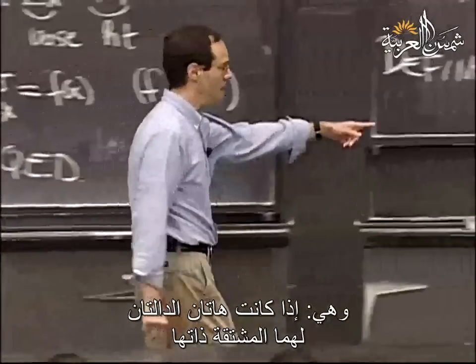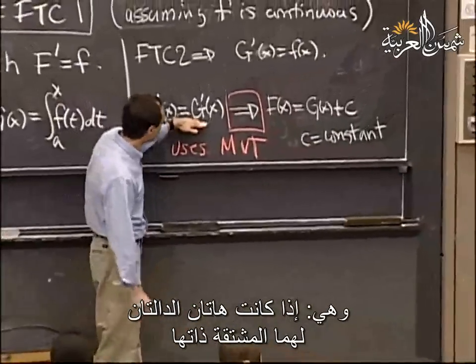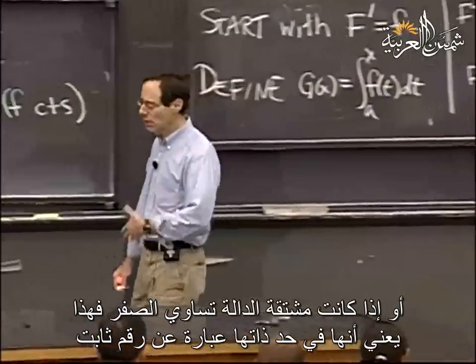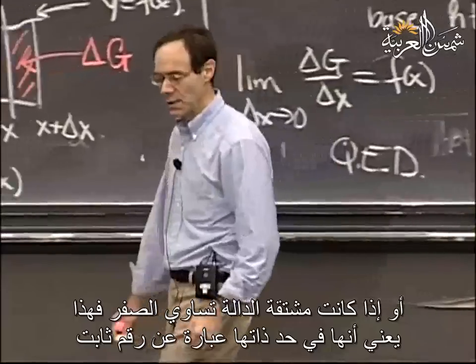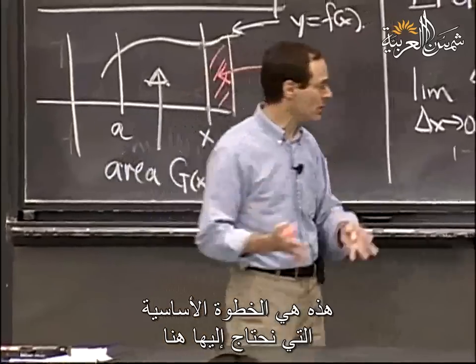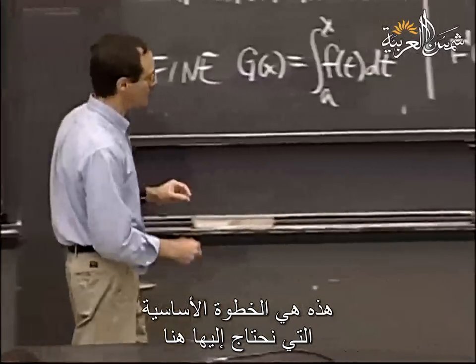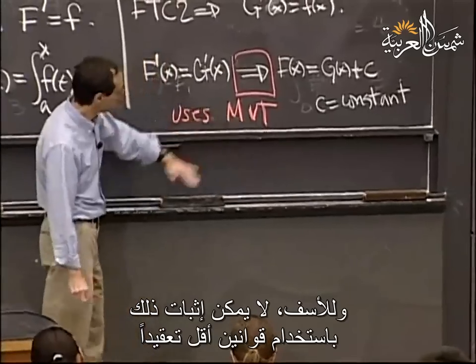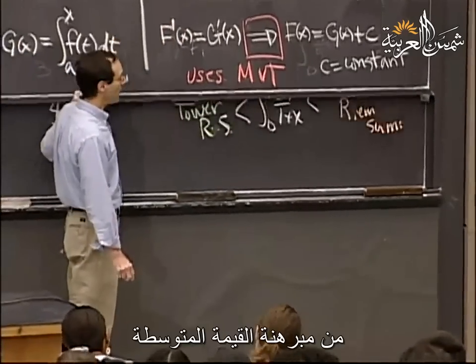And they're this. The fact, if you like, that if two functions have the same derivative, they differ by a constant. Or that if a function has derivative 0, it's a constant itself. Now that is the fundamental step that's needed, the underlying step that's needed. And unfortunately, there aren't any proofs of it that are less complicated than using the mean value theorem.